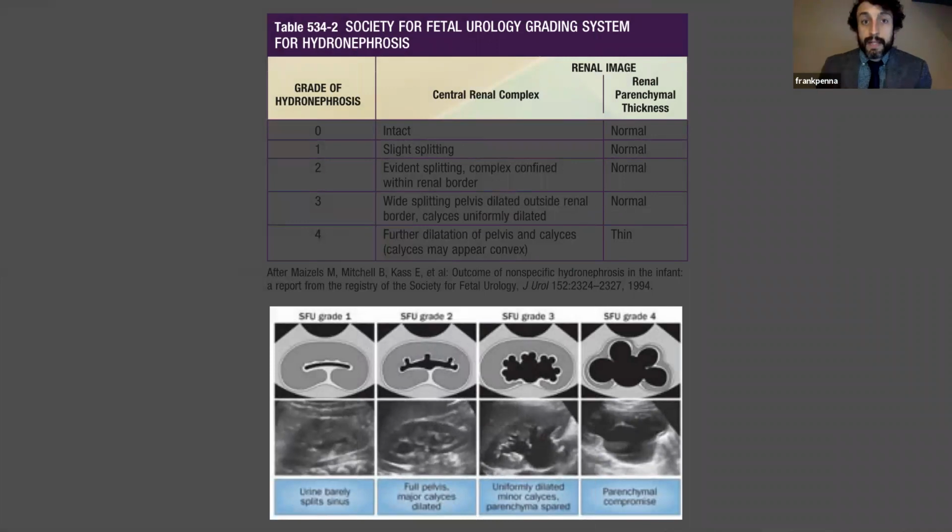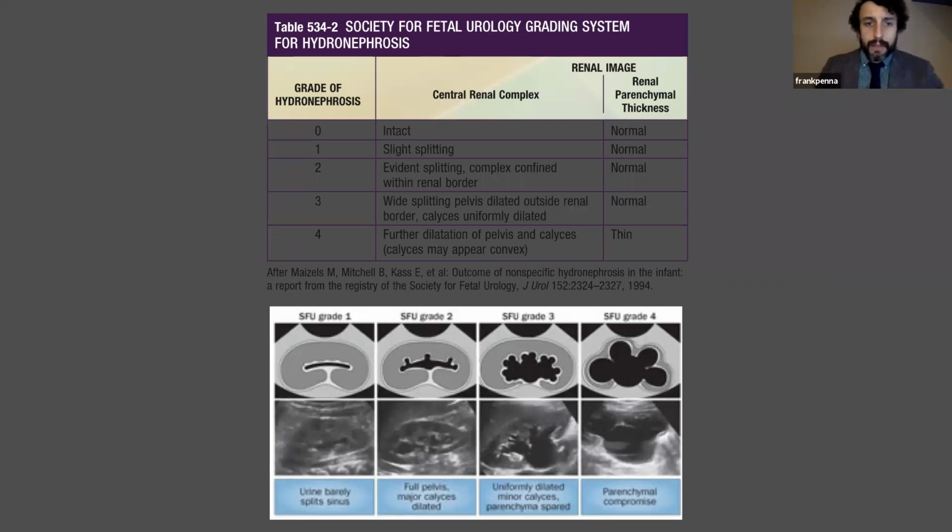This is the SFU grading for hydronephrosis. It goes grade 0 through 4, and I'm a very visual person, so looking at the lower portion of this slide will give you an idea of what it looks like on ultrasound. There are different grading systems. This SFU grading system is very helpful. There are other ones where you can describe it as mild, moderate, or severe hydronephrosis.